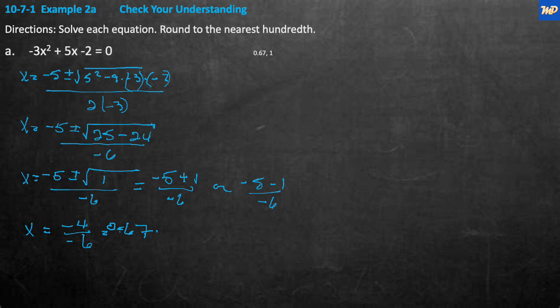It's 2/3, and it's 0.67. And then the other one is negative 6 over negative 6, which is equal to 1. So I'll write that over here. x is equal to 0.67, or x is equal to 1.